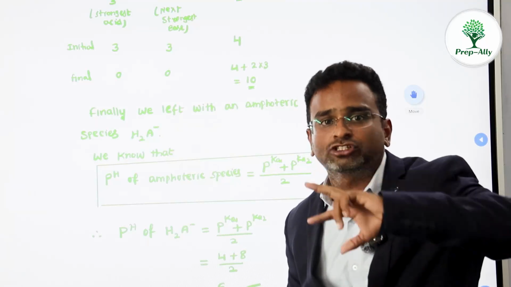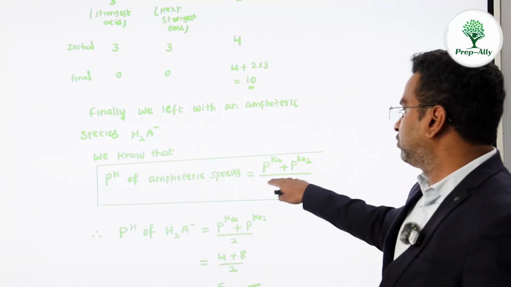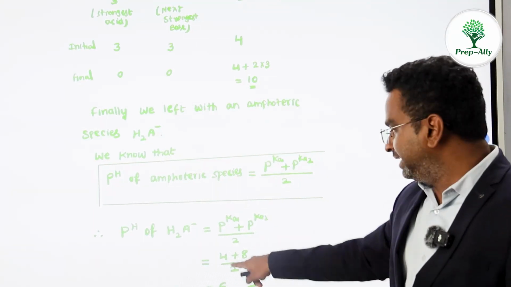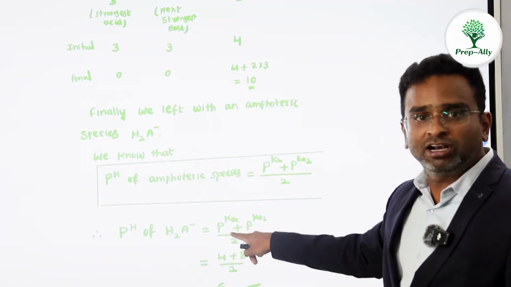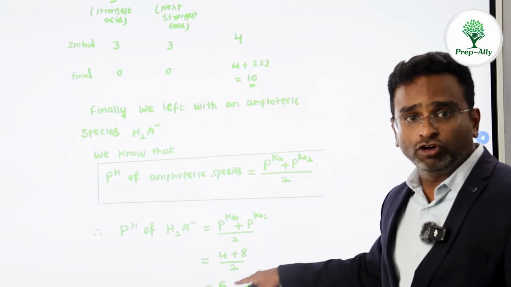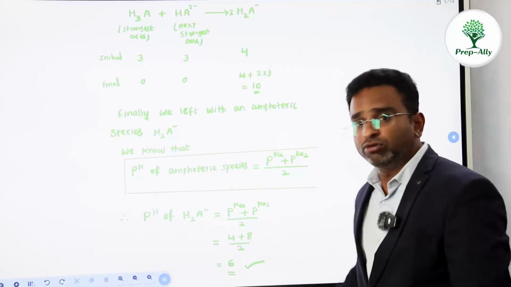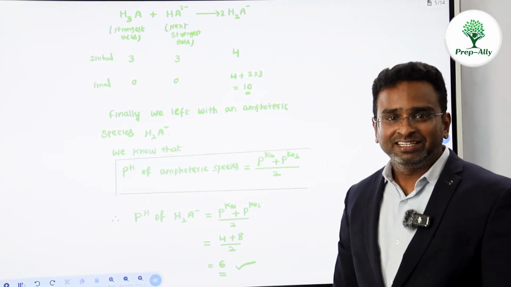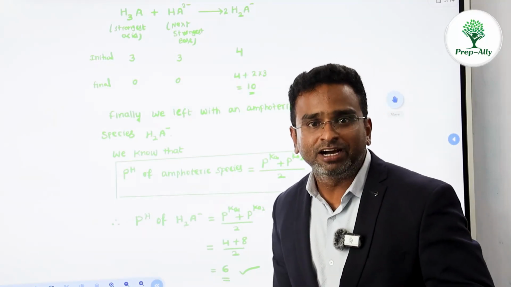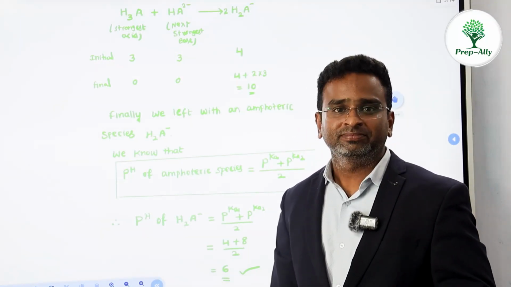So pH is equal to pKa1 plus pKa2 divided by 2. pKa1 we already know is 4, pKa2 is 8. 4 plus 8 divided by 2 equals 6. So finally, the pH of the mixture becomes 6.